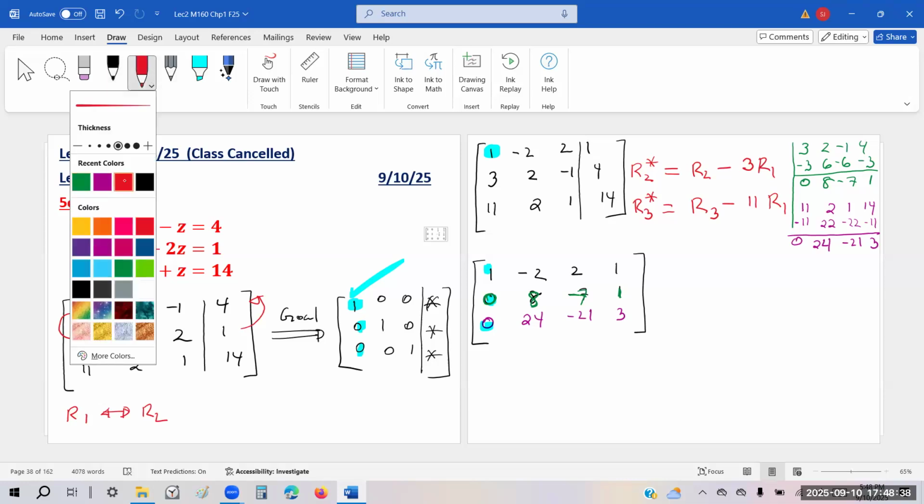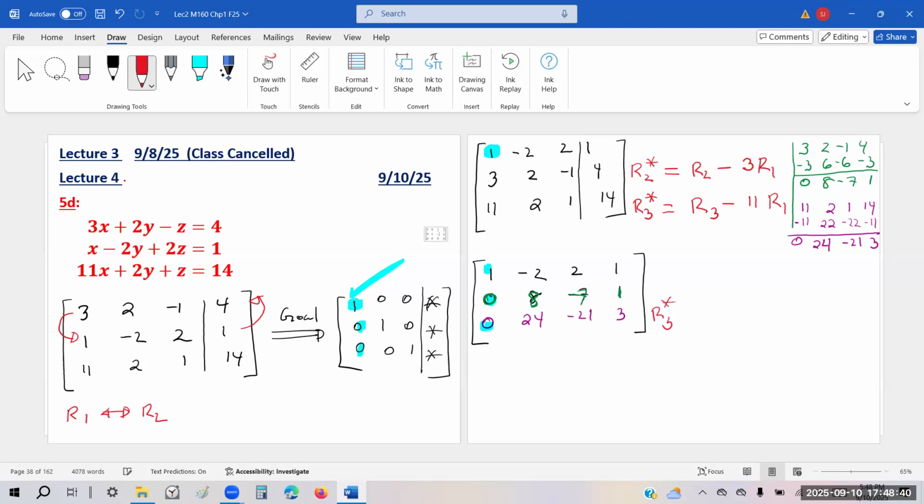So the second new row 3 is the current row 3 minus, multiplied by what? What are you going to multiply row 2 by? By 3.